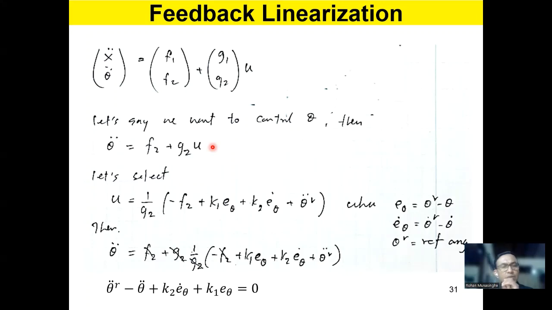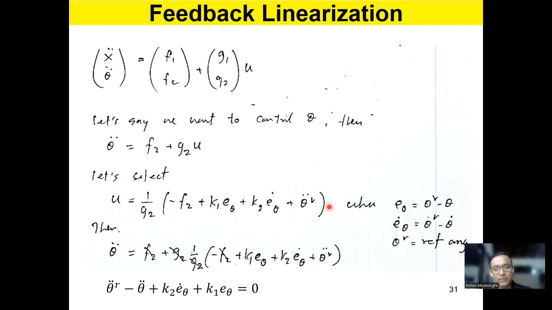Now, if you look at this equation, this is the pole dynamics or pendulum dynamics. And if I select U, the control signal, in this way, this is not a statement that comes with a proof, but with some intuition, because we are experienced in this field.